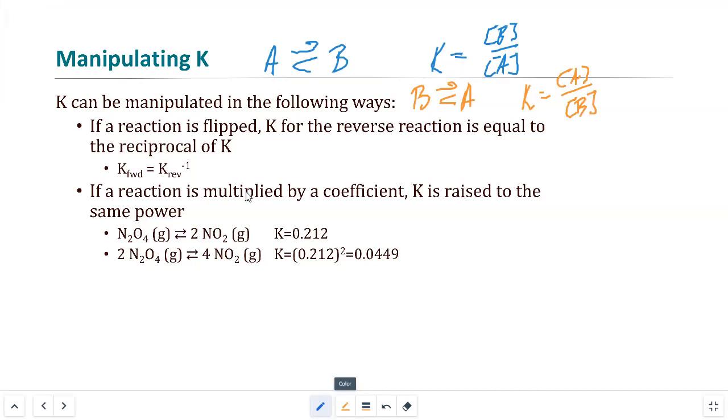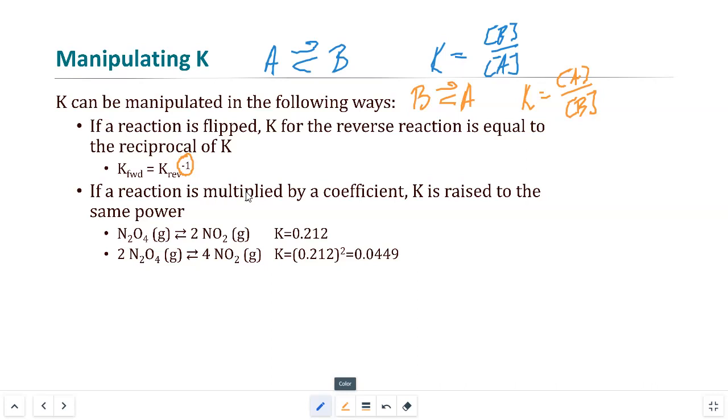The relationship between the blue K and the orange K is that they're reciprocals of each other. Reciprocals can be reflected using the -1 power. So if I know that the blue reaction has a value of 10, then that means that the orange reaction is 1 over 10.